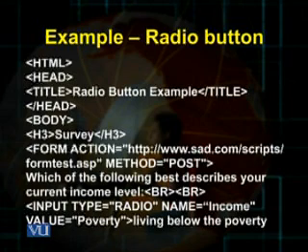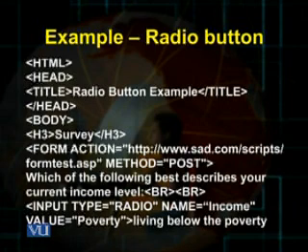Wherever, therefore, the type attribute is radio, the browser would automatically create a small circle called a radio button as an option for the user. There are again two attributes within the input tag that are used for radio buttons.